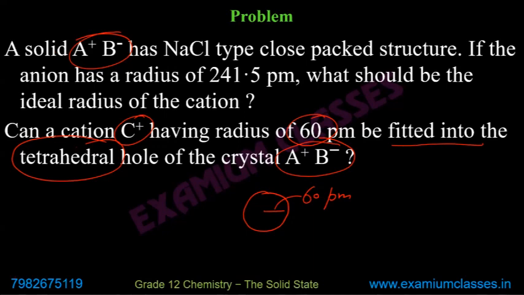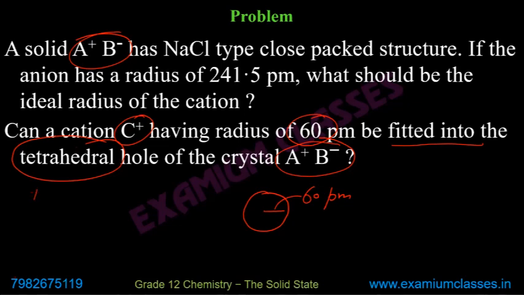There are always octahedral voids and tetrahedral voids. But if the cation is greater than the tetrahedral void, it goes to the octahedral void. Otherwise, it stays in the tetrahedral void. So for that, you need to calculate the radius of the tetrahedral void.